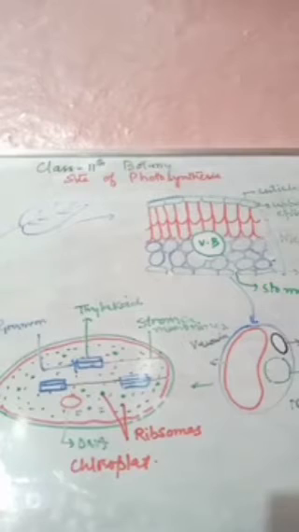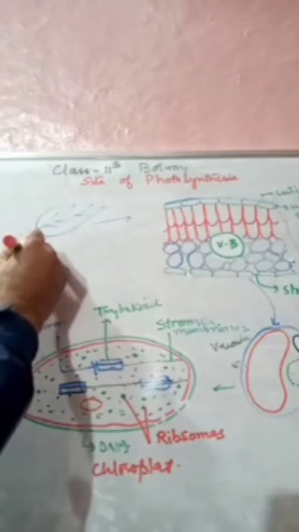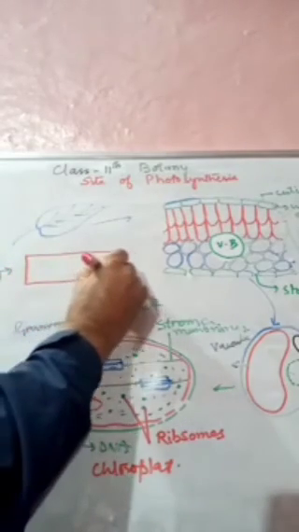Now, on the thylakoid membrane, if we draw the structure of one thylakoid, this is the thylakoid, this is a membrane.